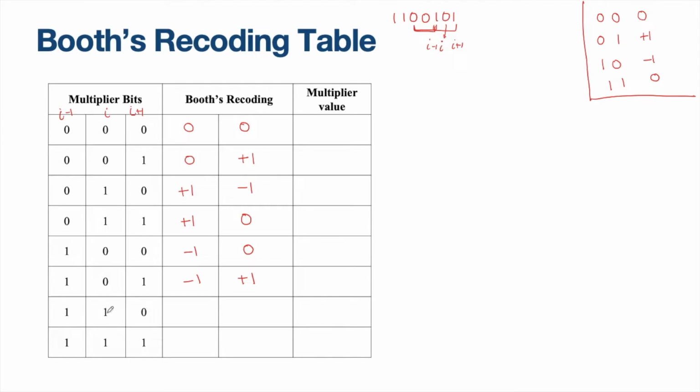And here, the transition is from 0 to 1, therefore it is minus 1. Whenever there is a transition from 1 to 1, it will be 0. Again, it is 1 to 1, 0. Another 1 to 1, therefore 0. So, these are the Booth equivalent recoded values of the multiplier for these input combinations present in the multiplier.